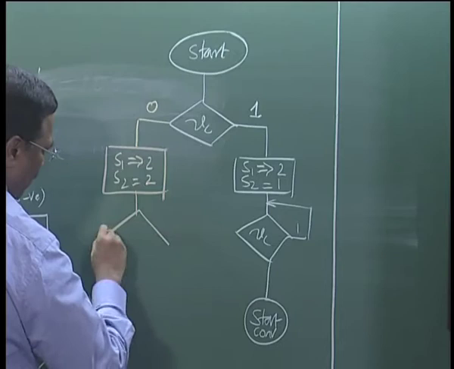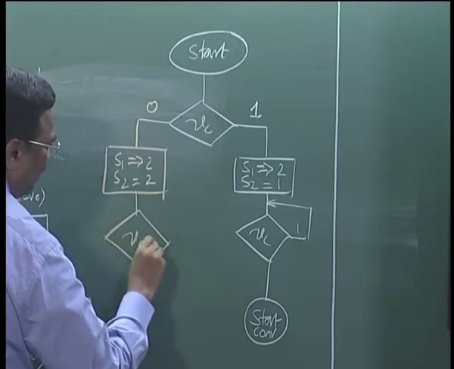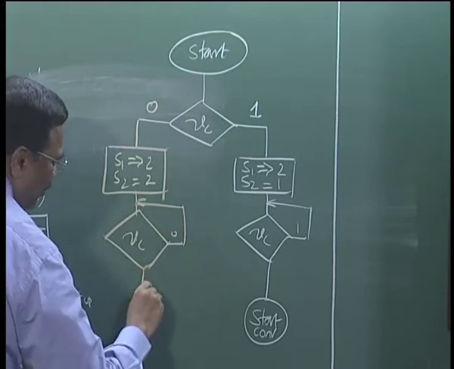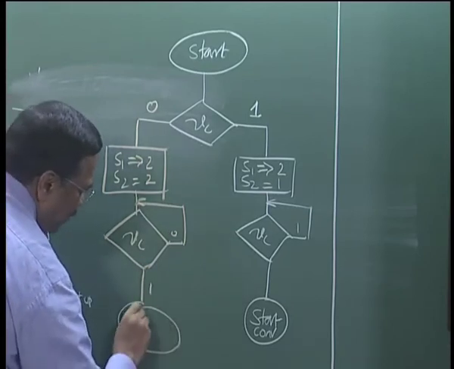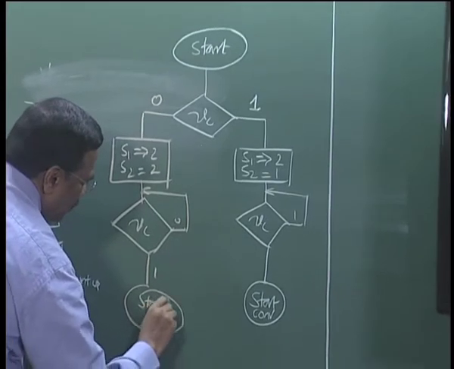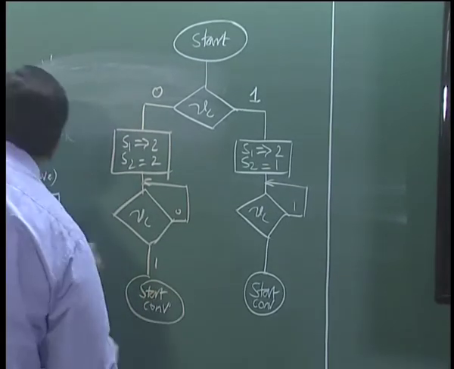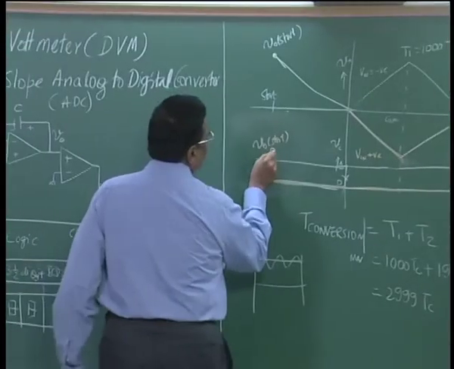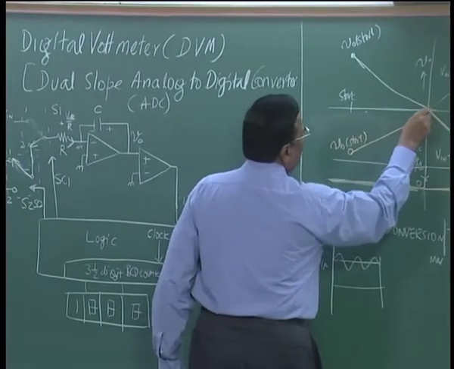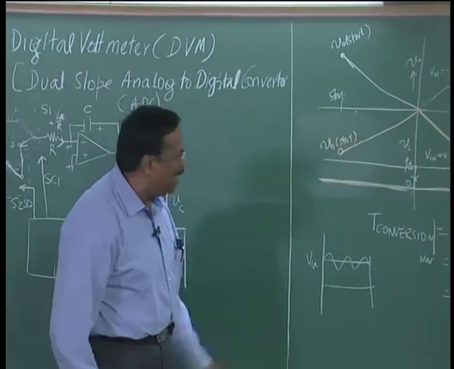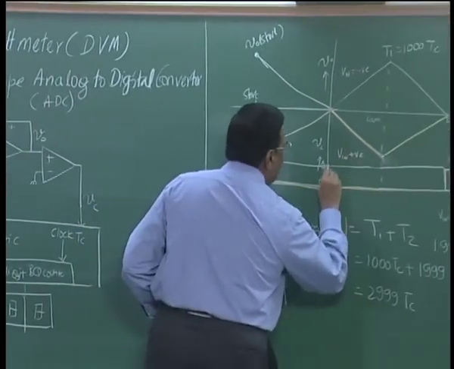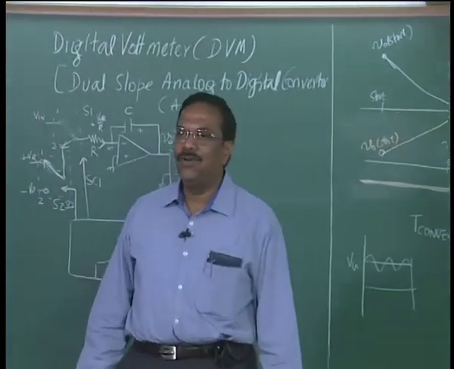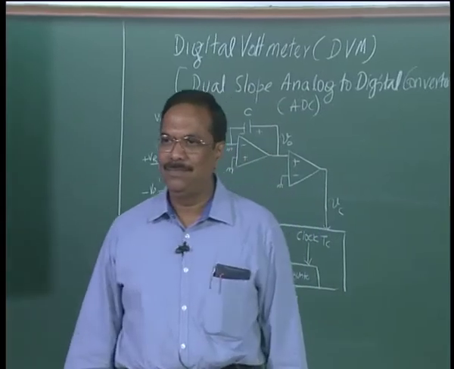I check for Vc once again. If it is 0, I continue in this state. If it is crossing to 1, I say start conversion. In this case, because minus VR is applied, the capacitor again will be discharged, and at this point the comparator will go from 0 to 1.